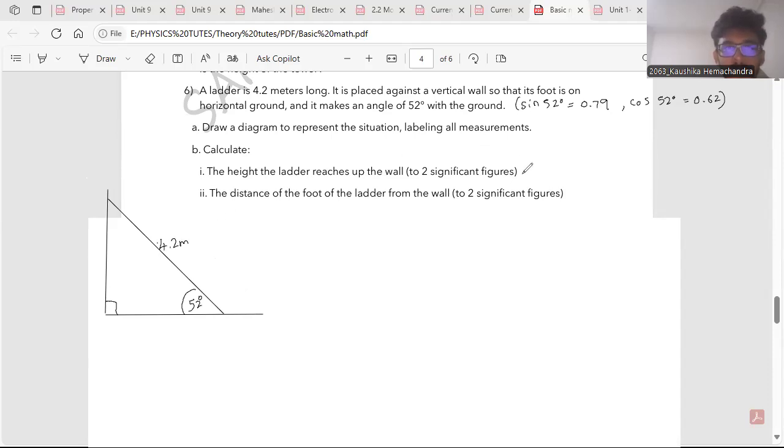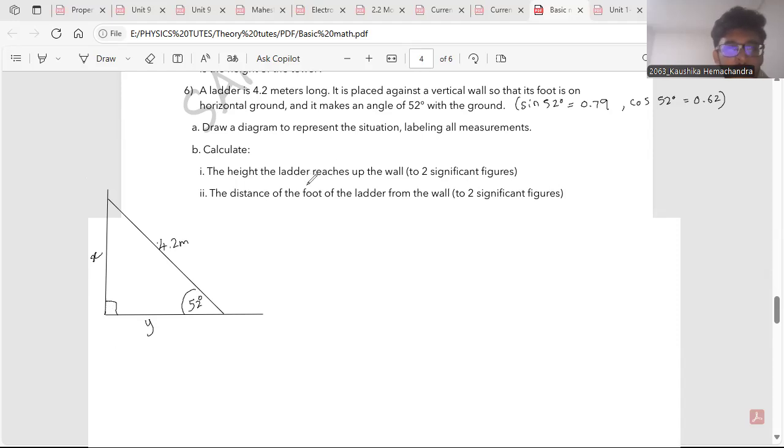You are asked to calculate the height the ladder reaches up to the wall. Let's take that as x, up to two significant figures. That means two decimal places, right? The second one, the distance of the foot of the ladder from the wall. Let's take this as y, the distance from the foot of the wall to the base of the ladder.